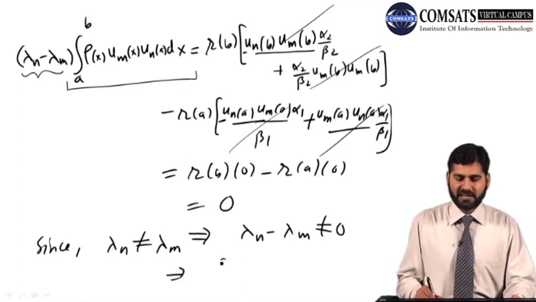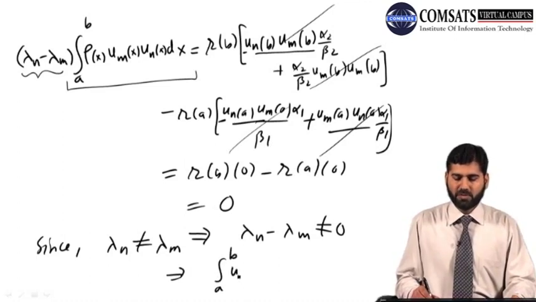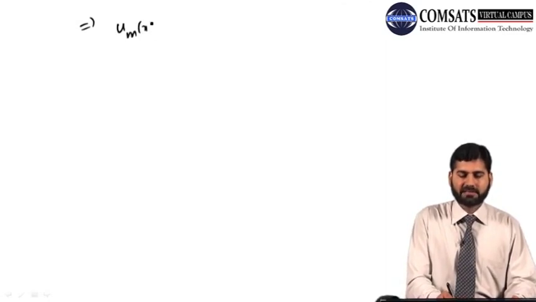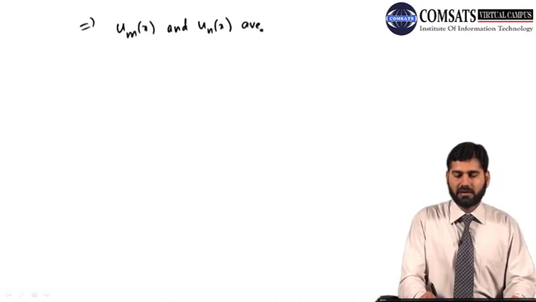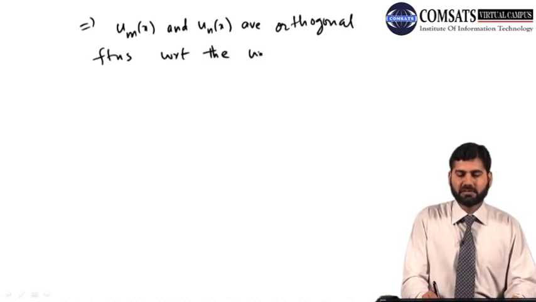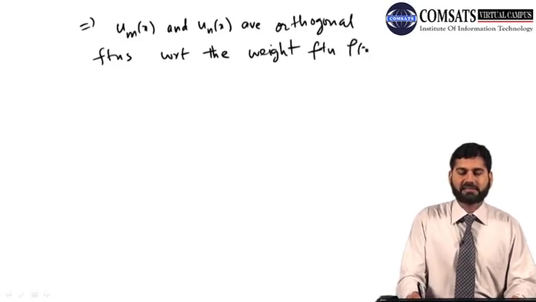So this implies that the integral from a to b of um x un x rho x dx is equal to 0, and this implies that um x and un x are orthogonal functions with respect to the weight function rho x.